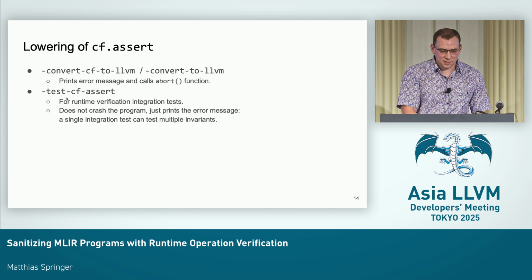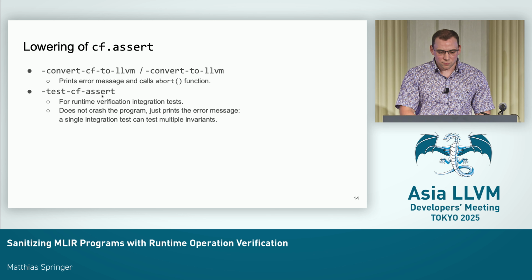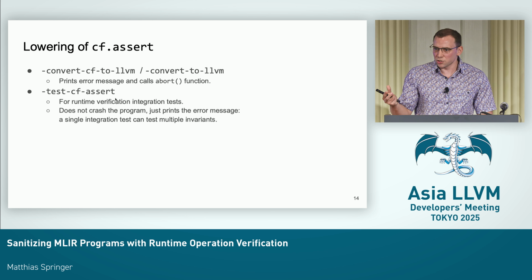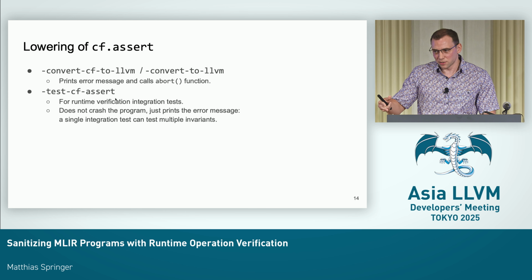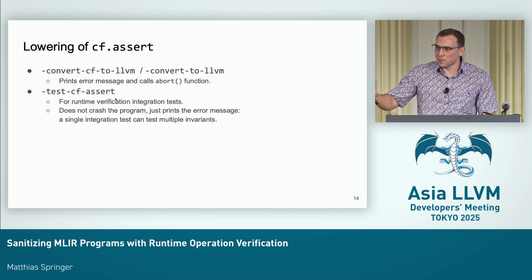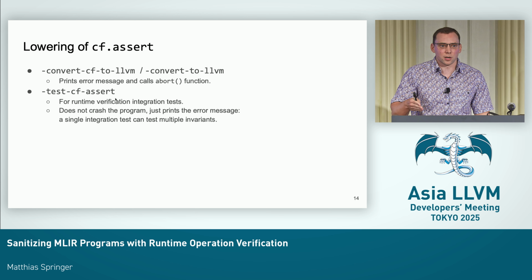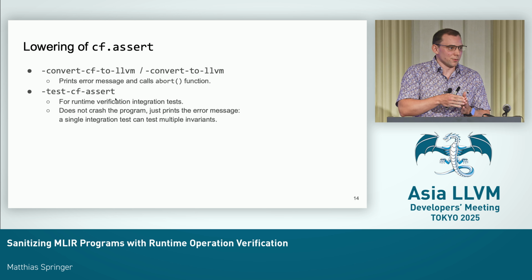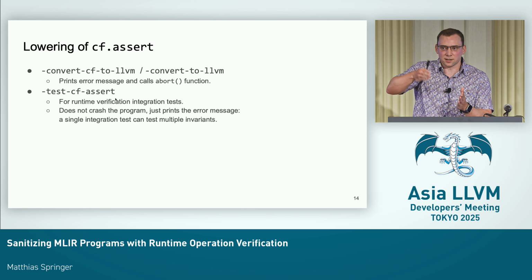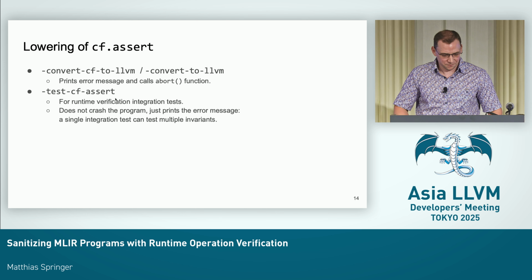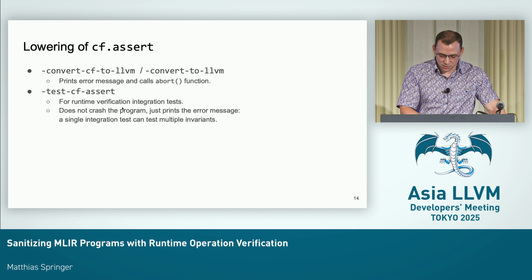There's also this test cf assert pass, which will check the condition and print the error if the condition is not satisfied, but then the program keeps running. This is useful to write integration tests for the runtime verification itself, because sometimes you want to use the same test setup and then check that multiple error messages are being emitted. So this is for integration tests.